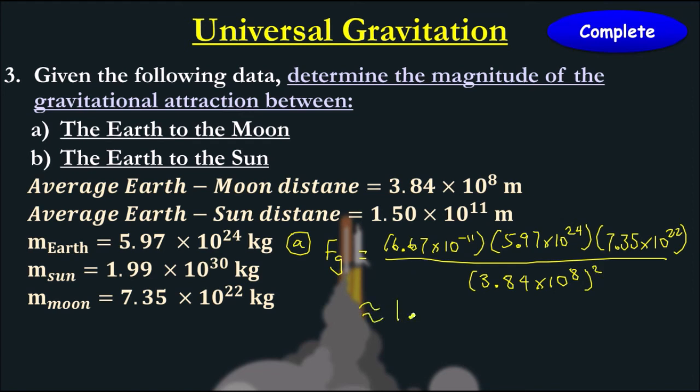You get a gravitational attraction of 1.98 x 10 to the power of 20 newtons. Again, it is an attraction, or attractive.